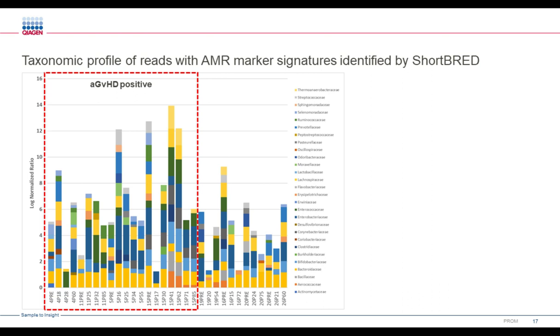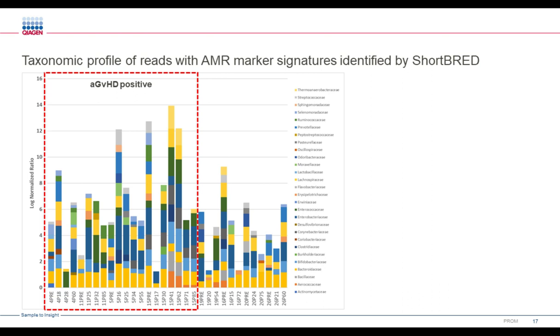So in this case, we're looking at family level taxonomic classification of the reads, but the input reads here, instead of being the total raw FASTQ file from each patient sample, are just those reads that were identified by Shortbread as containing an AMR marker of some kind. And in this way, you can see the relative prevalence of antimicrobial resistance markers identified by Shortbread across the various different patient samples.